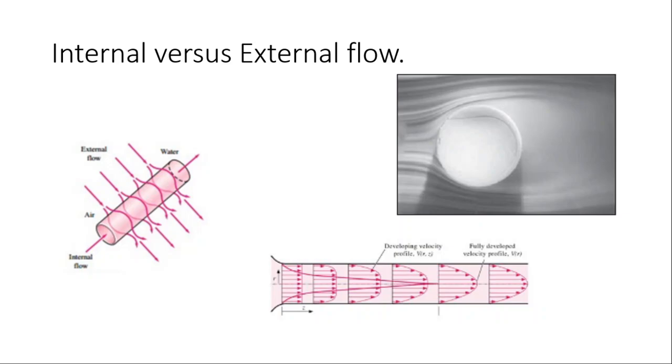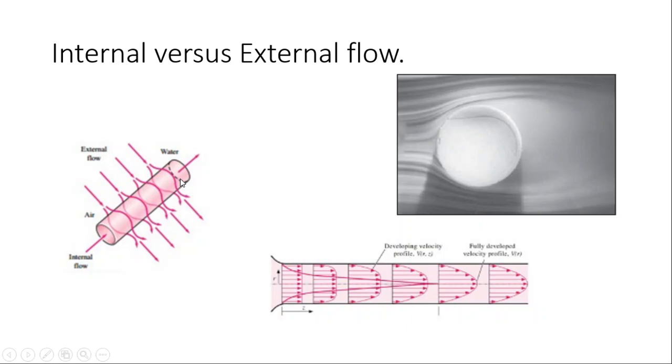Here you can easily understand, this is a very good example of internal flow and external flow both simultaneously. Like this is the pipe placed here, and there is a liquid flowing inside this pipe.